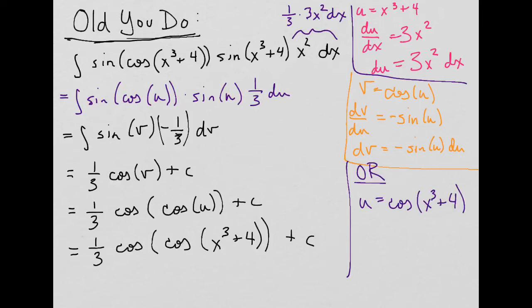Then when you take the derivative, your du dx is going to be negative sine of x cubed plus 4, times 3x squared. Okay, du dx is equal to. And then go on and try to solve that on your own and see if you could do it the other way.